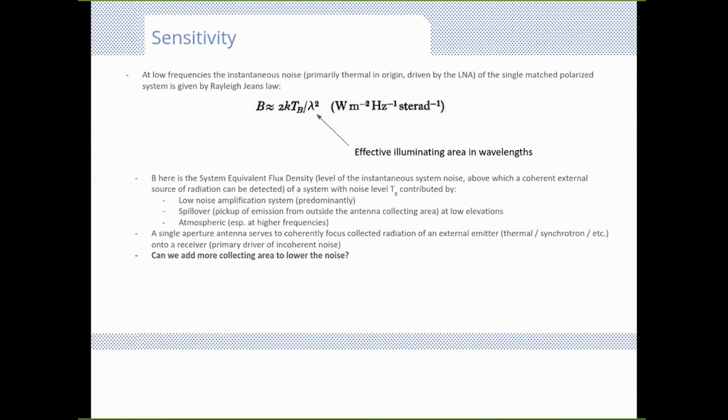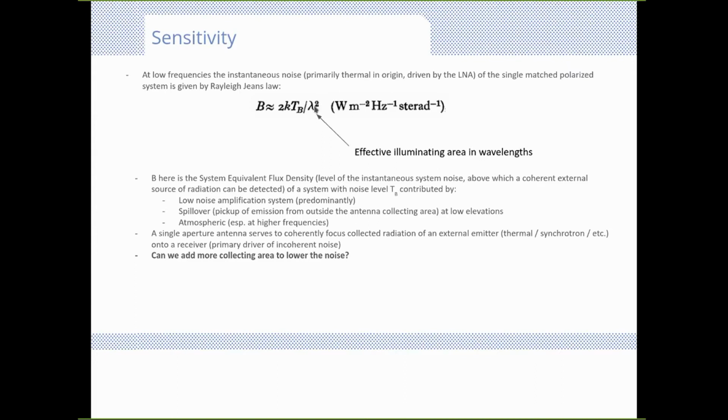Now, in terms of the sensitivity that we can achieve on such a system, Ruby already gave a good introduction yesterday. The sensitivity depends on the antenna temperature, indicated here as T, and the effective collecting area of the antenna, which is always measured in terms of wavelength.